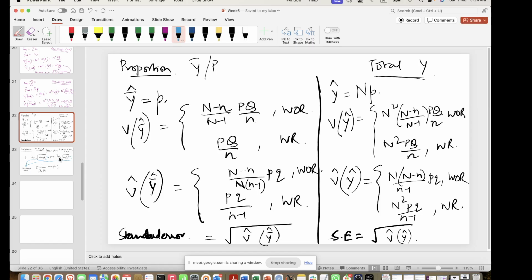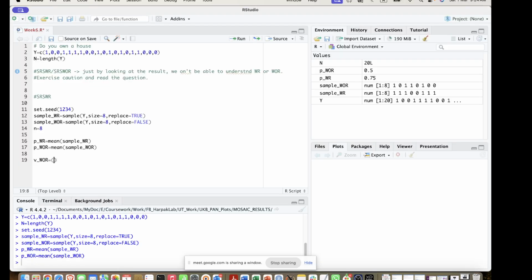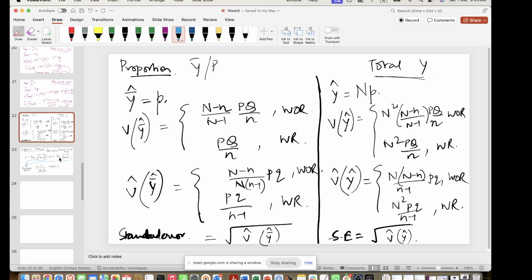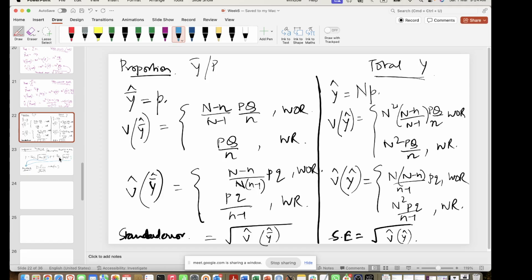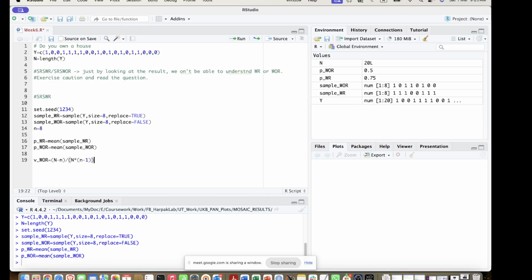So this will be (N minus n) by (capital N into n minus 1) into PWOR into (1 minus PWOR).